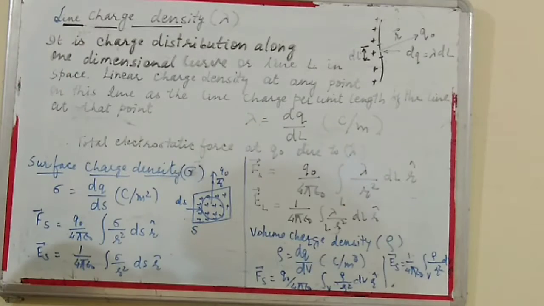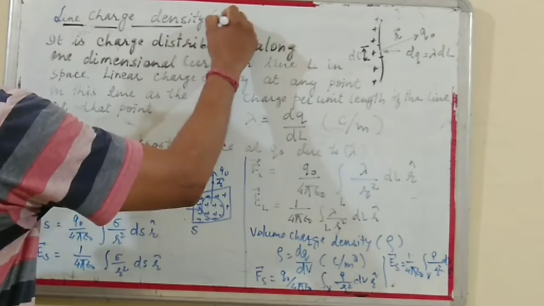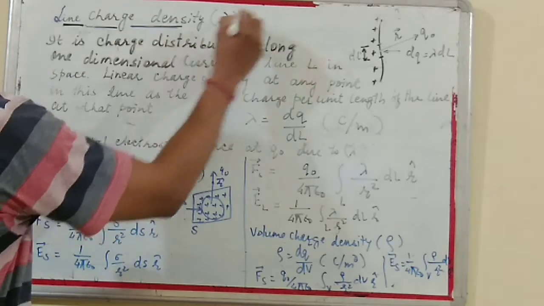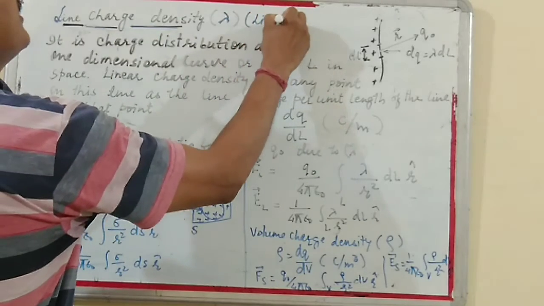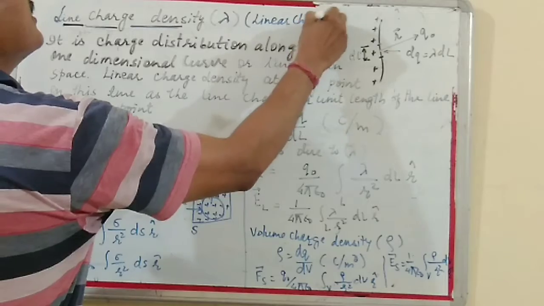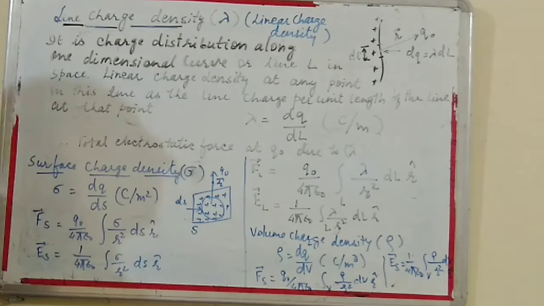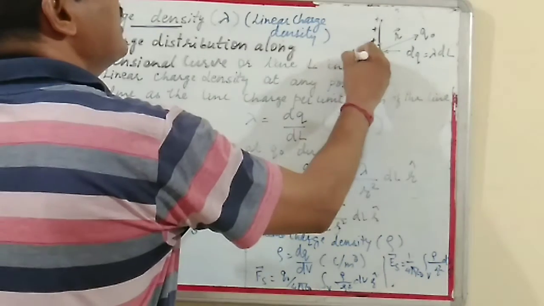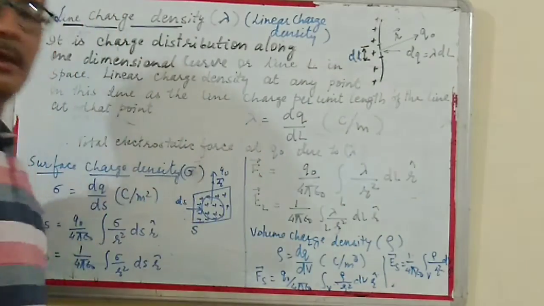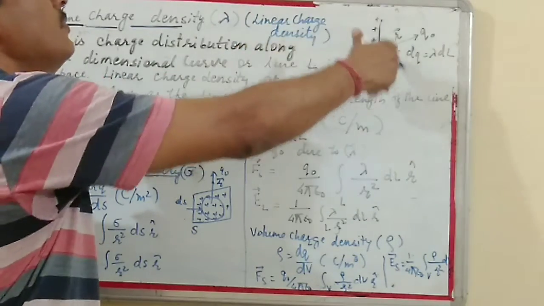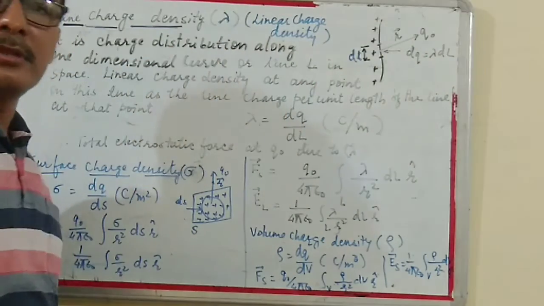Now the term is line charge density, given by lambda. We also say linear charge density. Suppose we have any line, straight or curved, of length capital L, with uniformly distributed positive charge on it.